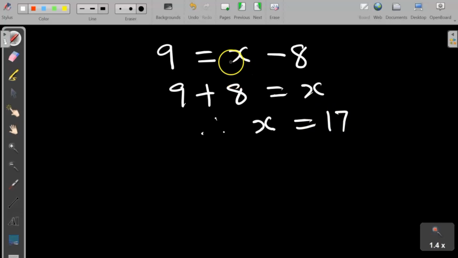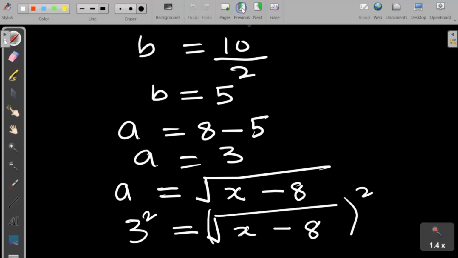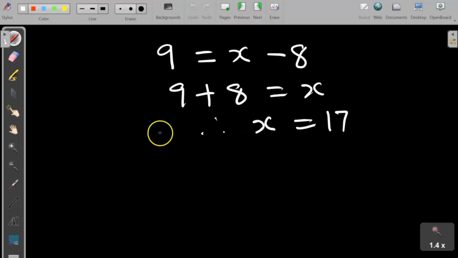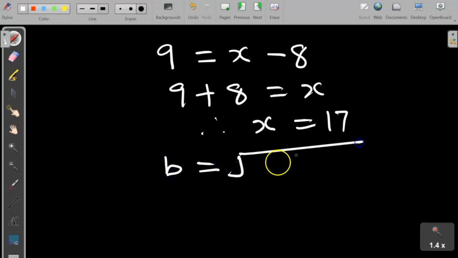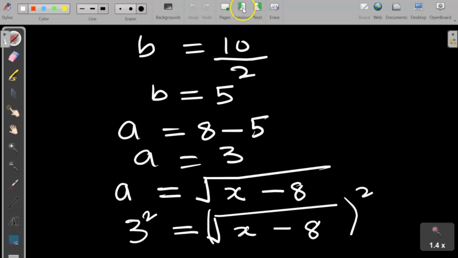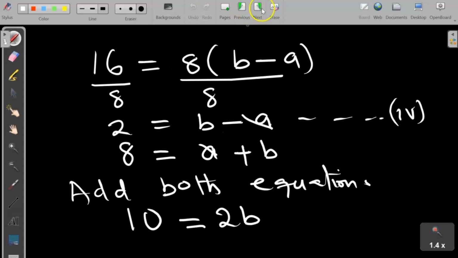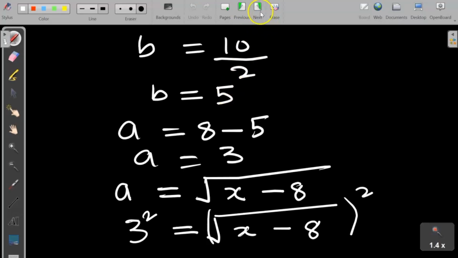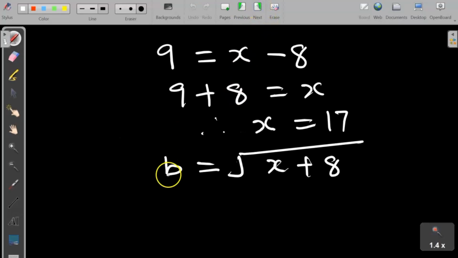Whichever equation we use, we will still arrive at the same answer. Let me do the second equation just to show you. I used a now. Let me use b. B is equal to root x plus 8. And we got b as 5.